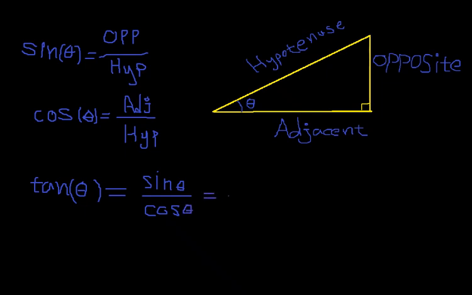So let's write it as what we have here. This one is equal to opposite divided by hypotenuse, divided by adjacent divided by hypotenuse.